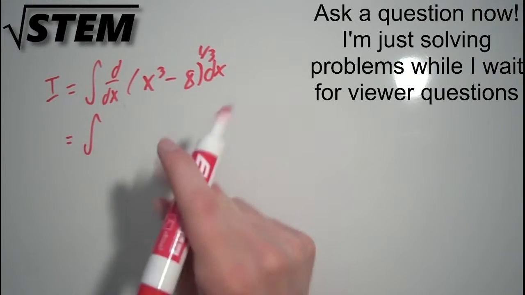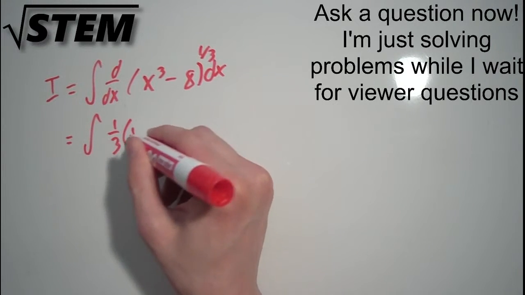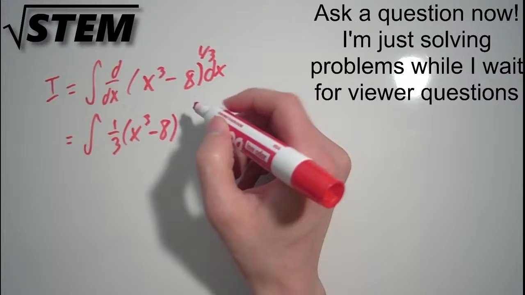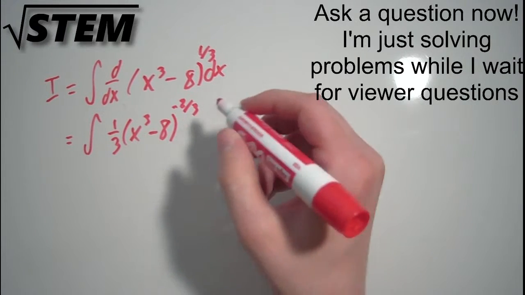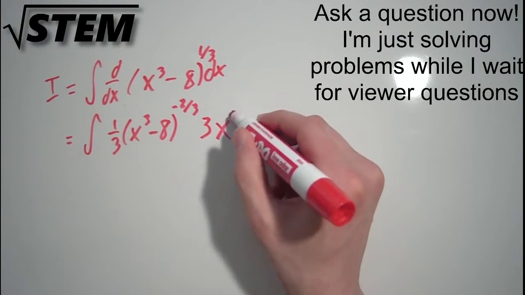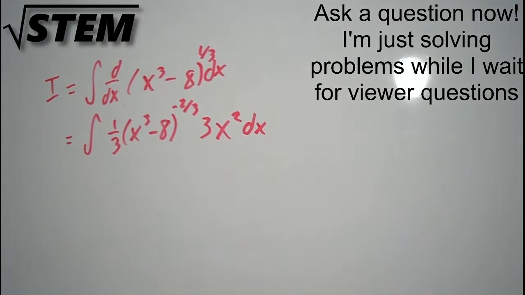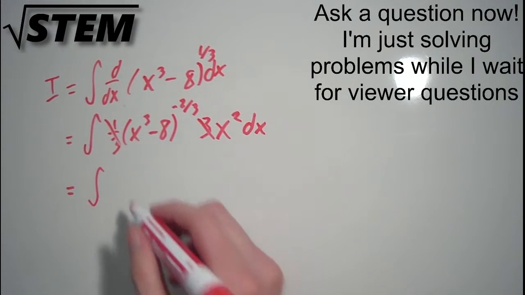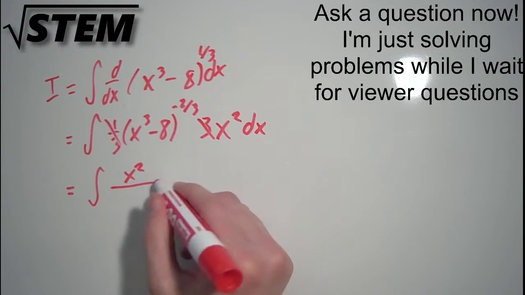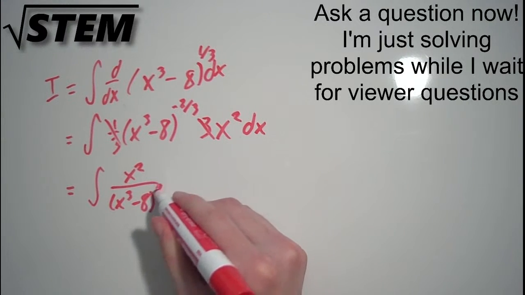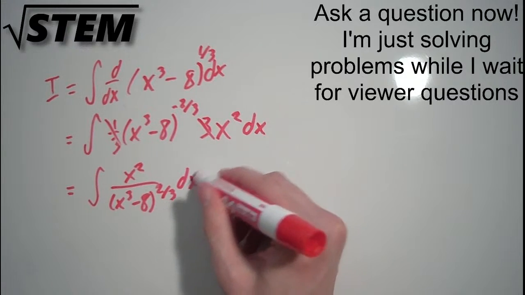So this derivative will be 1/3 x cubed minus 8. A third minus 1 would be -2/3, and then times the derivative of the inside would be 3x squared dx. So 3 and a third cancel out, and this is the integral of x squared over x cubed minus 8 to the 2/3 times dx.